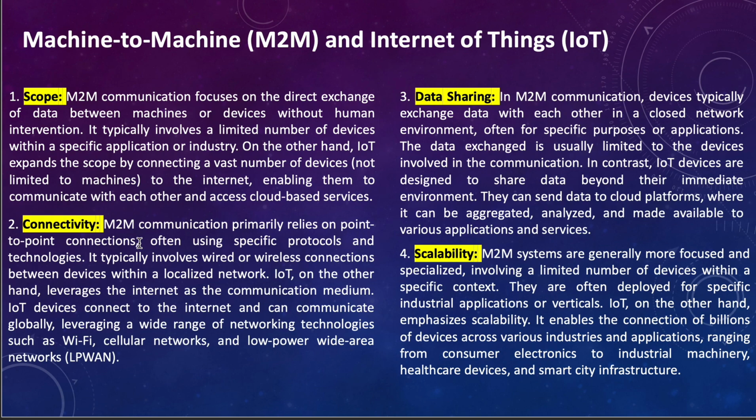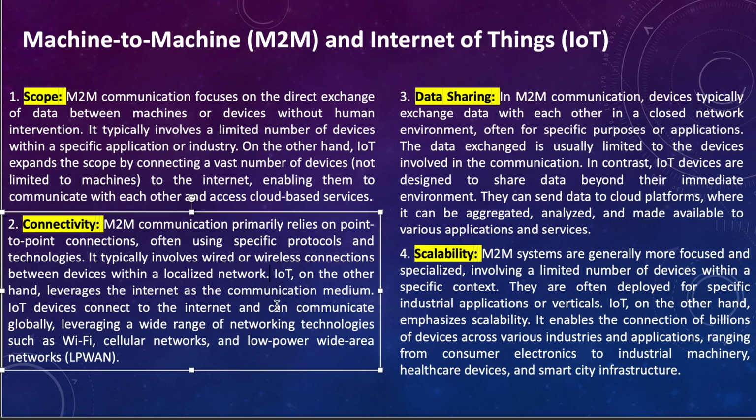The sensor will be communicating directly to the actuator, or the sensor directly to the processing unit, the processing unit directly connecting to the actuator. Often use specific protocols and technologies. It typically involves wired or wireless connections between devices within a localized network, so an intranet.